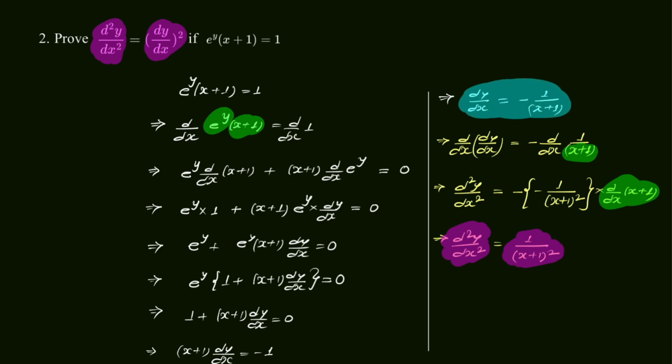If I square both sides, I will get (dy/dx) whole square equals, minus square is positive and 1 square is simply 1, and in the denominator there is (x + 1) whole square. So if I compare, I see that (dy/dx) square is 1/(x + 1) whole square, and the value of d2y/dx2 is also 1/(x + 1) whole square. That means it is proved.